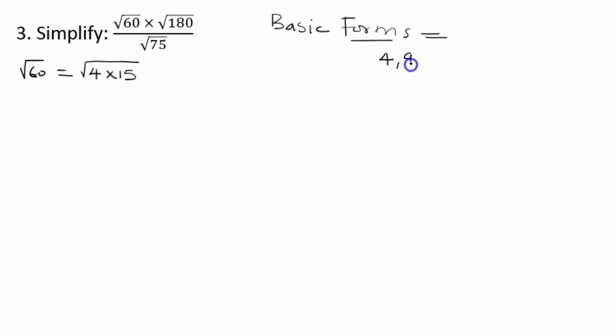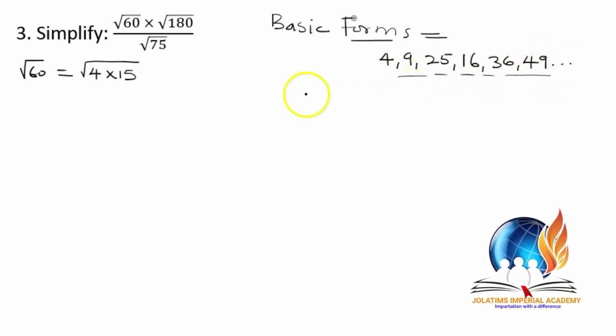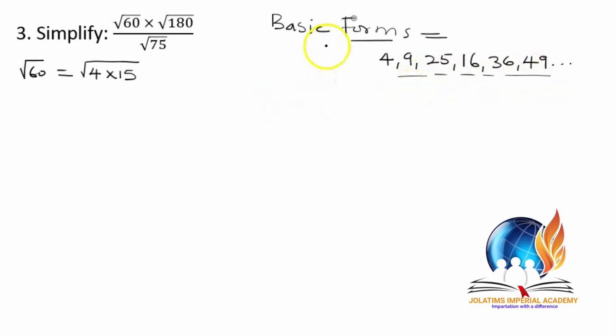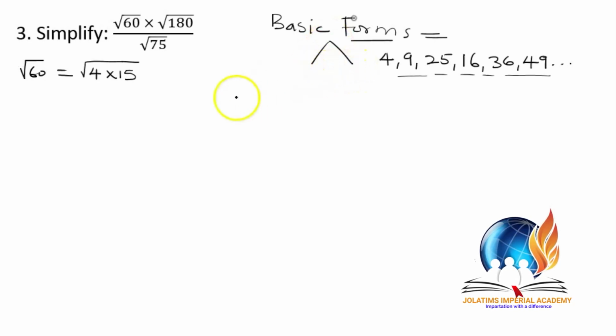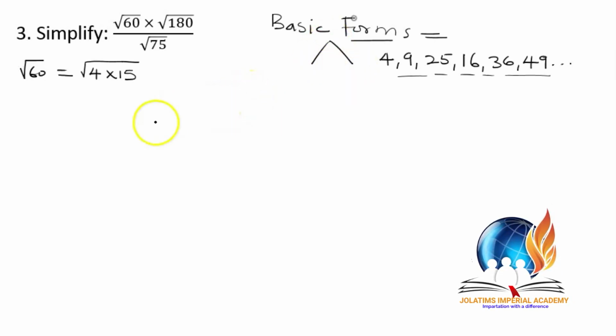We have 4, 9, 25, 16, and you can go on and on like that. We have 36, 49, 64, and so on. You'll be dividing the number with perfect squares like this, because the target is to have two factors, such that one of them is a perfect square and the other is a factor that is not a perfect square.